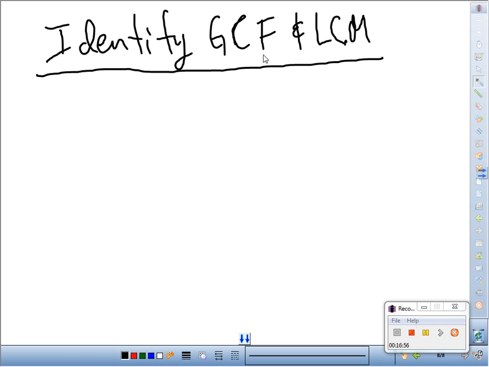Identify the GCF and LCM of number 1: 36 and 48.